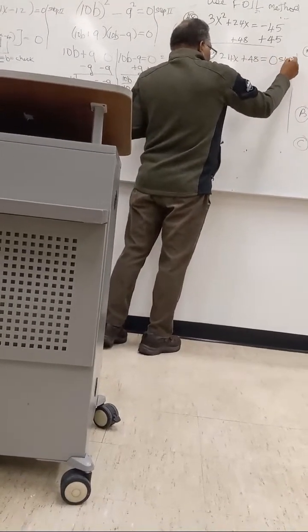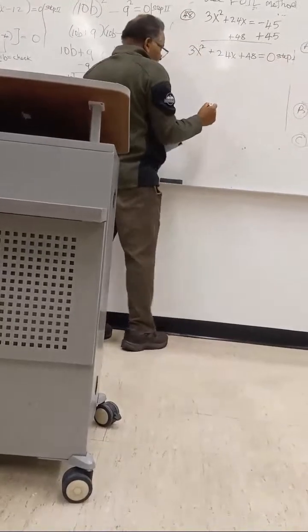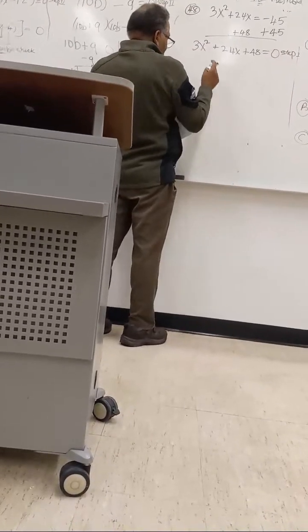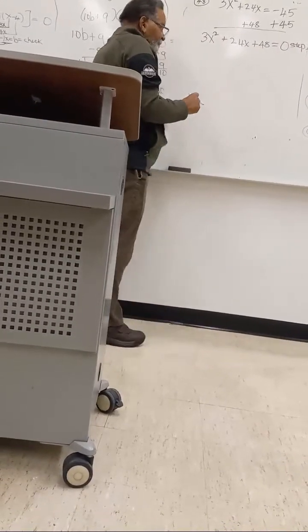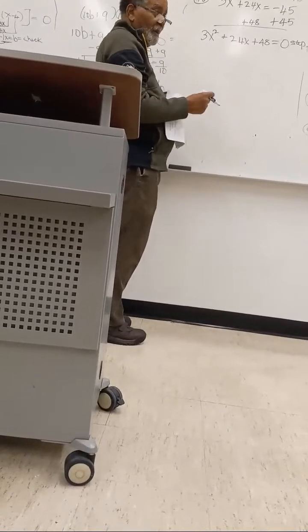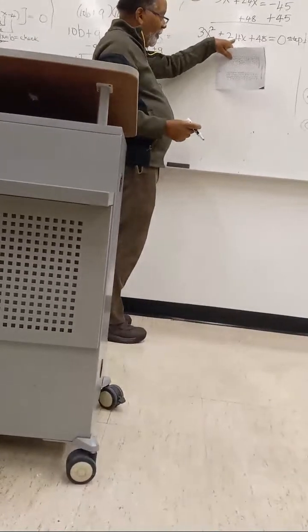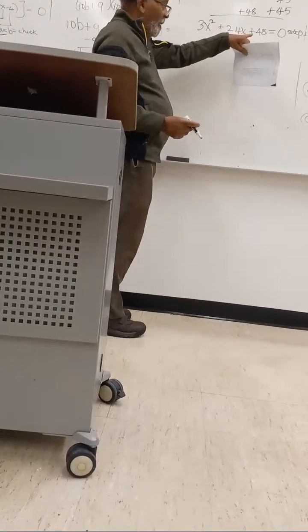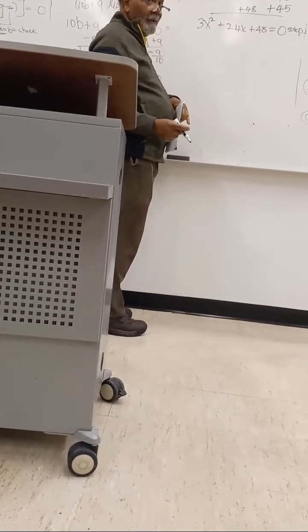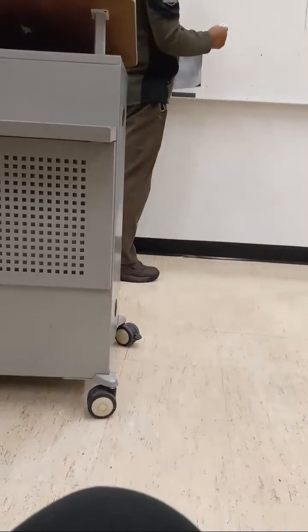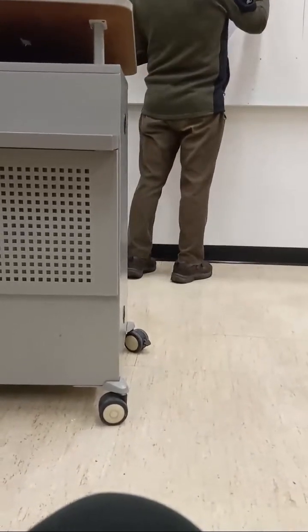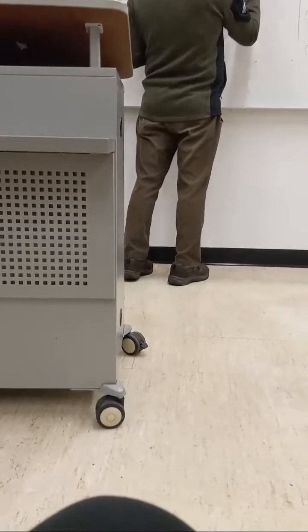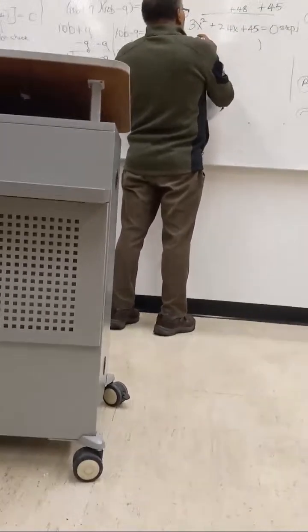Step 1: is there a number that will divide 3, 24 and 45? Yes, 3 will go into 24, 8 times, and 45.